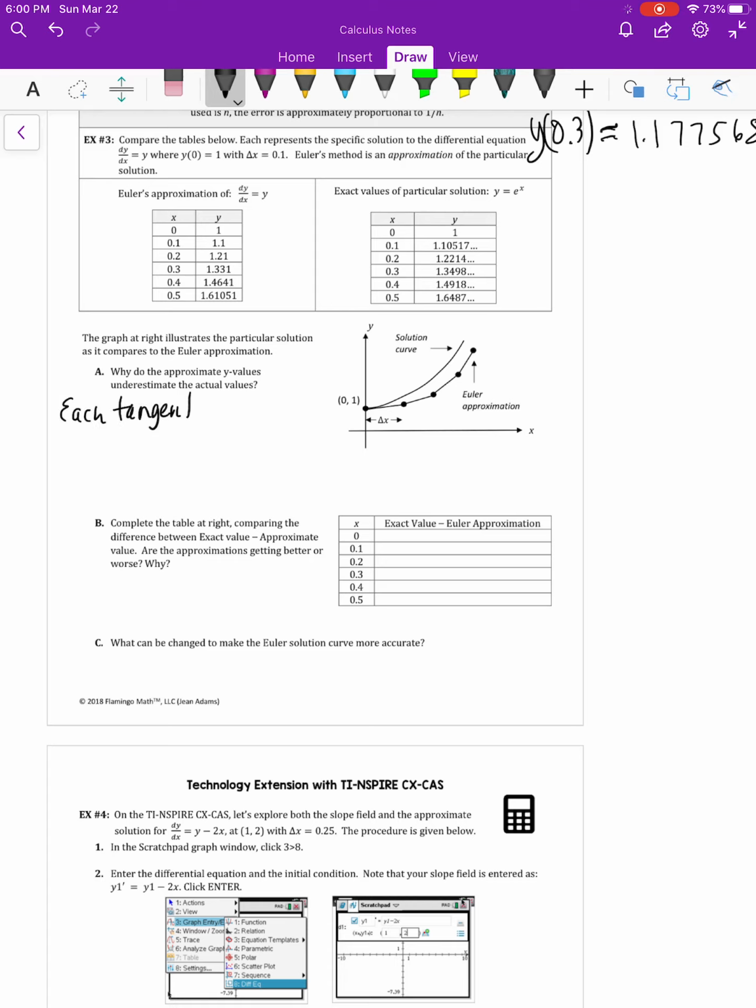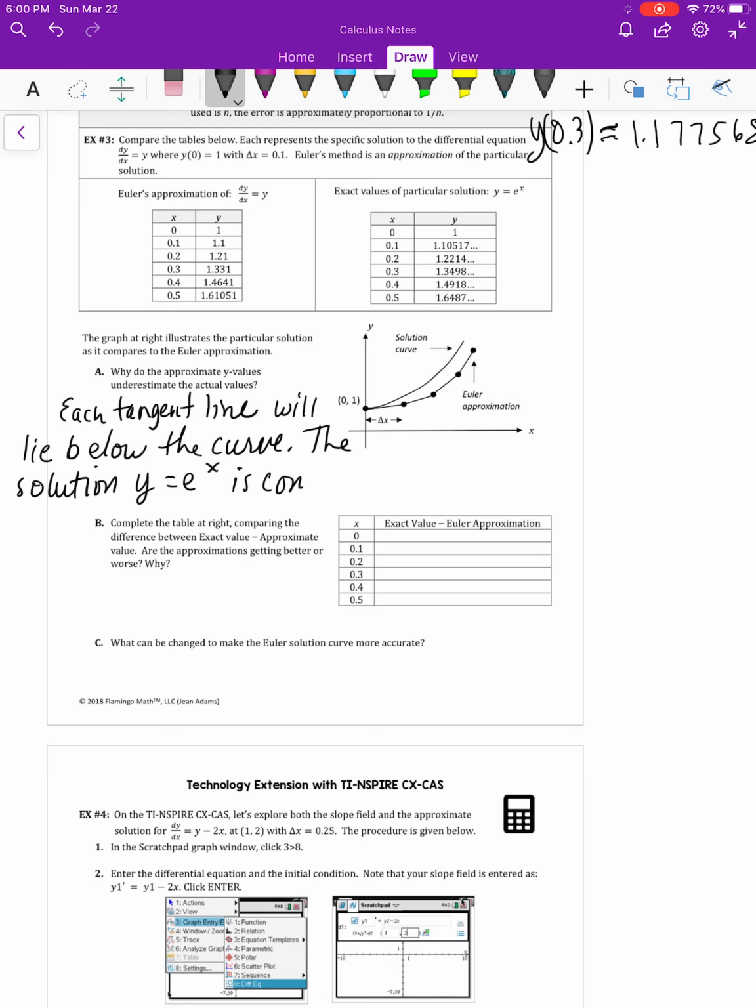I'm going to write that each tangent line will lie below the curve. The solution curve y equals e to the x is concave up.